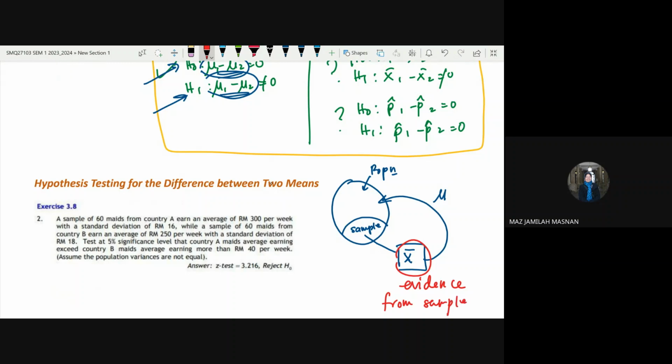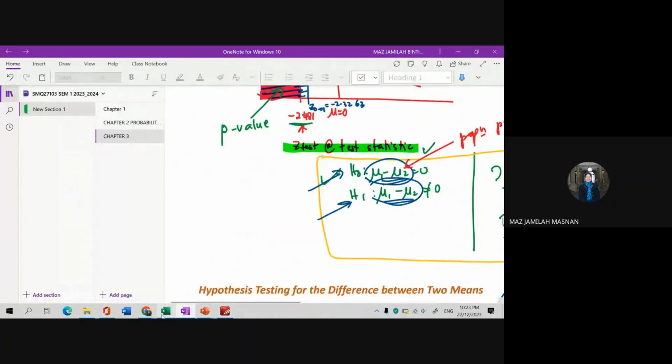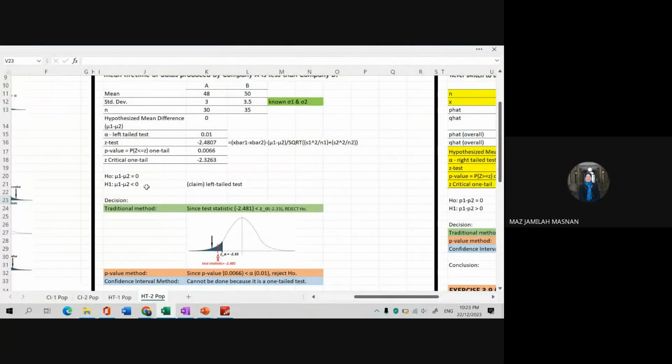From this evidence, we go back to our conclusion for our population mean. If you are talking about the mean, then it will be population mean. If you are talking about proportion, then it will be population proportion. That's why we are testing this statement reflecting the population parameter. This is the population parameter for mean, and the evidence to make a conclusion is based on the sample. So all the hypothesis statements reflect the parameter of our population, mean or proportion.